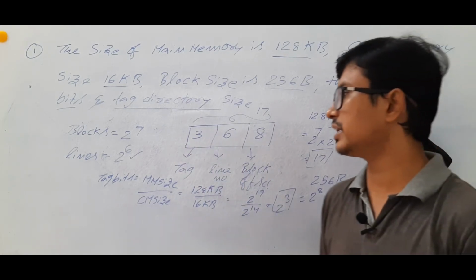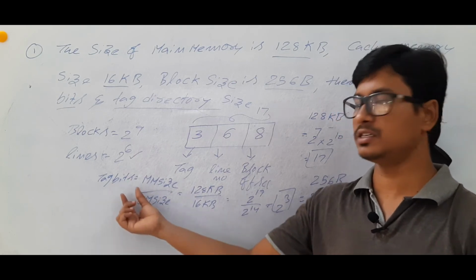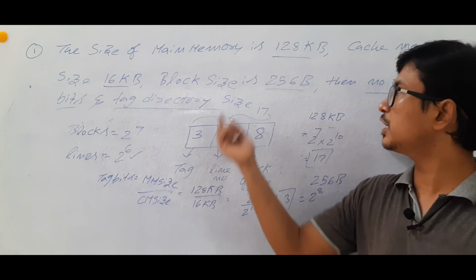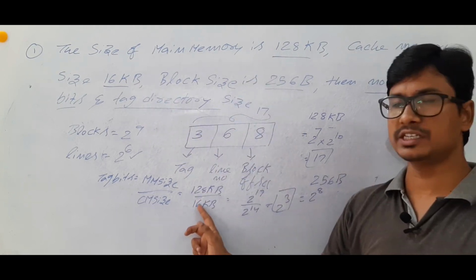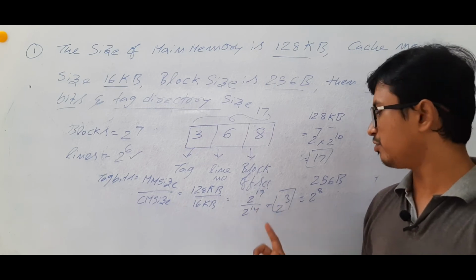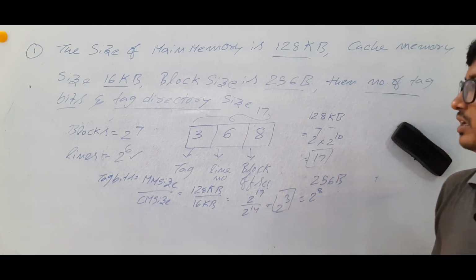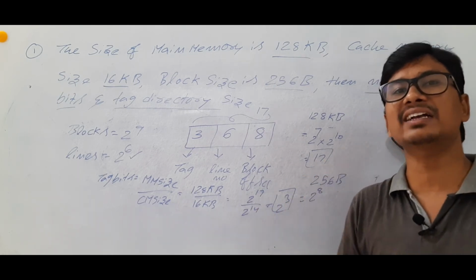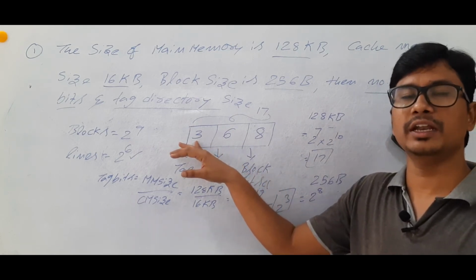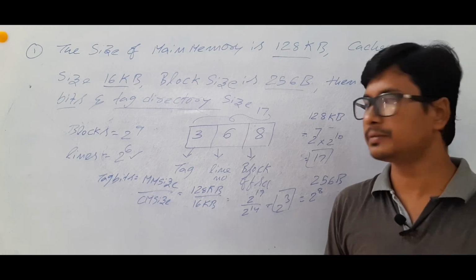Are you able to understand? The number of tag bits is equal to main memory size by cache memory size, which is equal to 128 KB by 16 KB, which is nothing but 2 power 17 by 2 power 14, which is equal to 2 power 3. So 8 tags are there. If 8 tags are there, we can represent them using 3 bits.